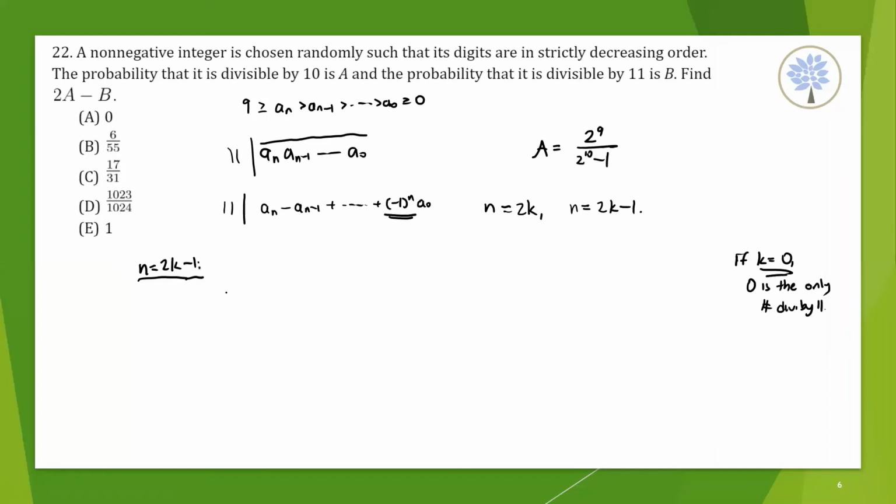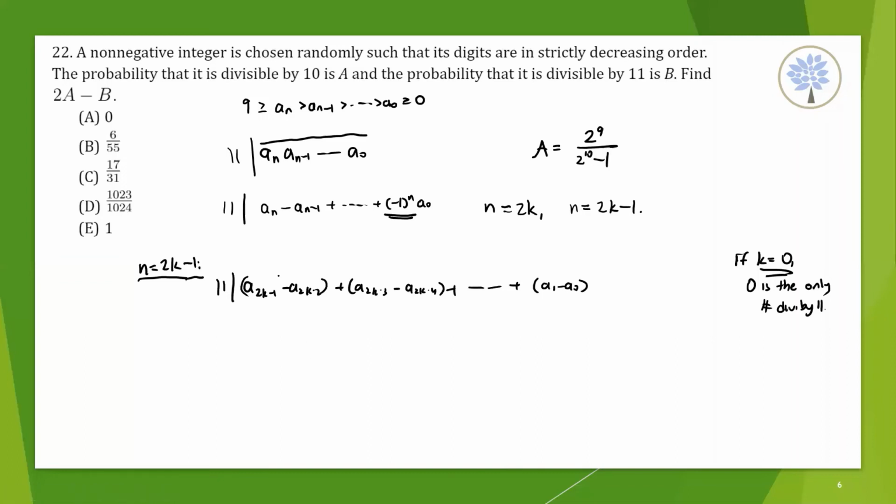And now let's consider the second case. When n equals 2k minus 1, we may write the alternating sum as follows: a_{2k-1} minus a_{2k-2}, plus a_{2k-3} minus a_{2k-4}, and so on and so forth until a_1 minus a_0.